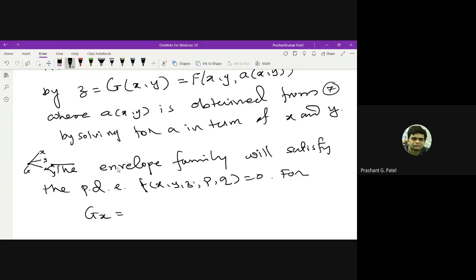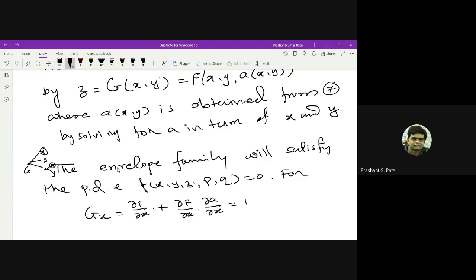So the derivative of g with respect to x will have two paths: del f by del x into del x by del x, which will be 1, so I am not writing that, plus del f by del a into del a by del x.